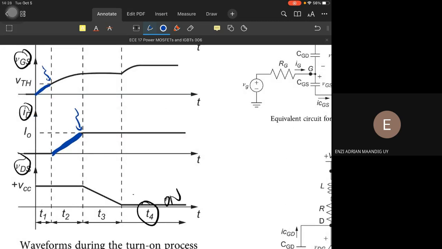T3 is when VDS starts to drop to 0. It has just started. So T3 begins when VDS starts to drop towards 0.